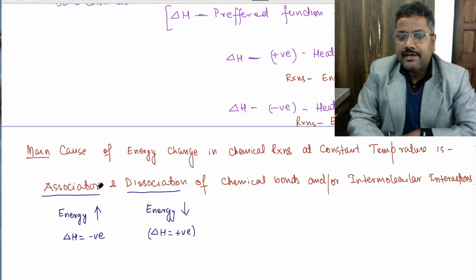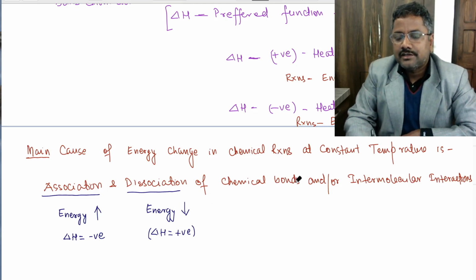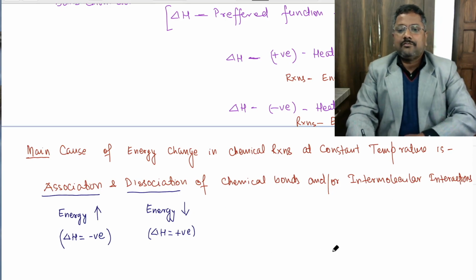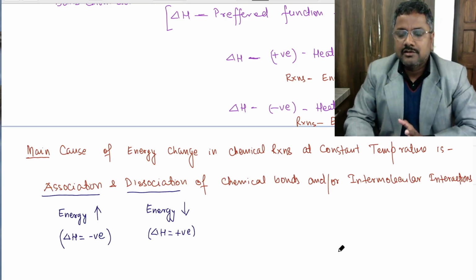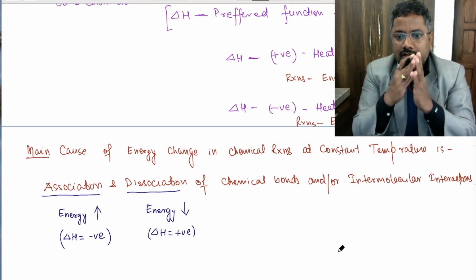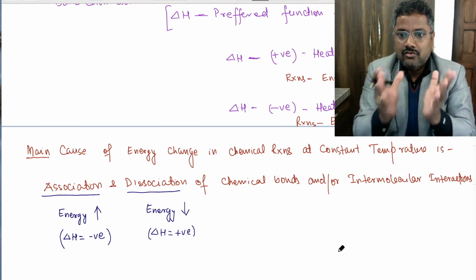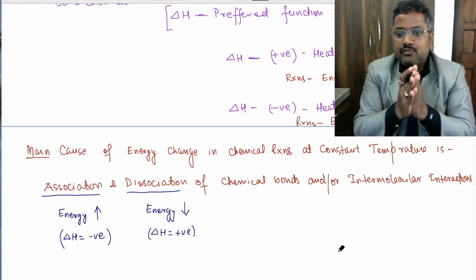In every kind of association, whether it is chemical bond or intermolecular interactions, energy is released, meaning delta H is negative, right? So this is the main cause of energy change in a chemical reaction. Hopefully all of you are getting this point.